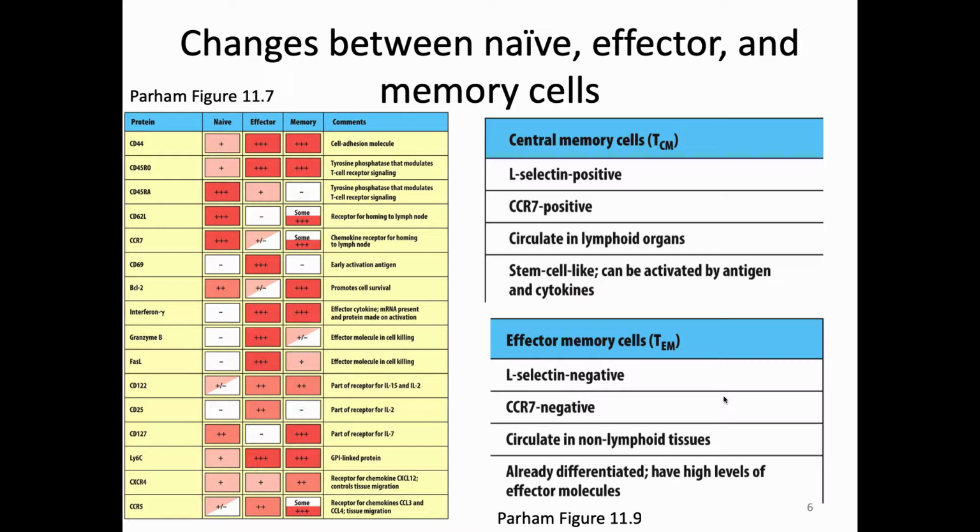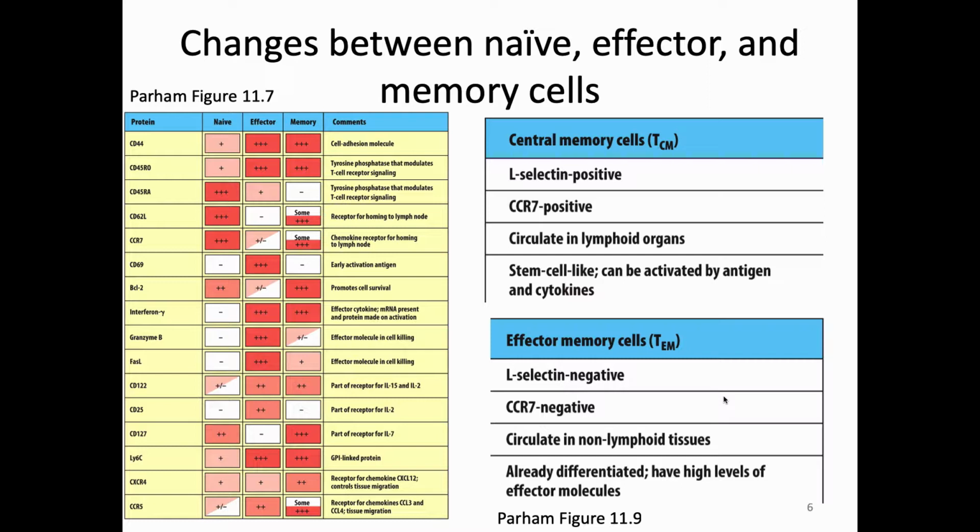Basically, IL-7 is the survival cytokine. It's the cytokine that makes cells live. Memory cells have a lot of a receptor for it because they need to live for a very long time. And so one of the reasons memory cells can live for such a long time is they have a lot of the receptor for IL-7, so they can get a lot of the survival cytokine.